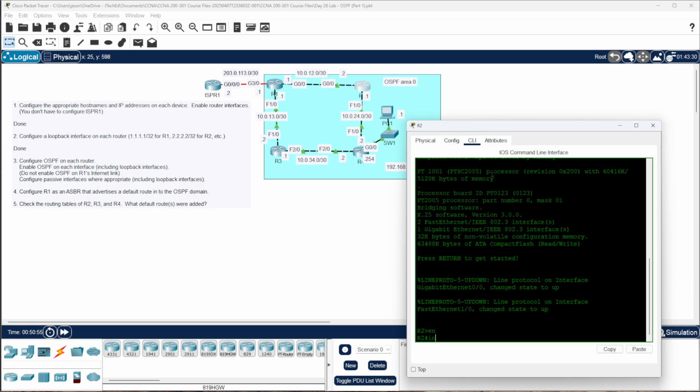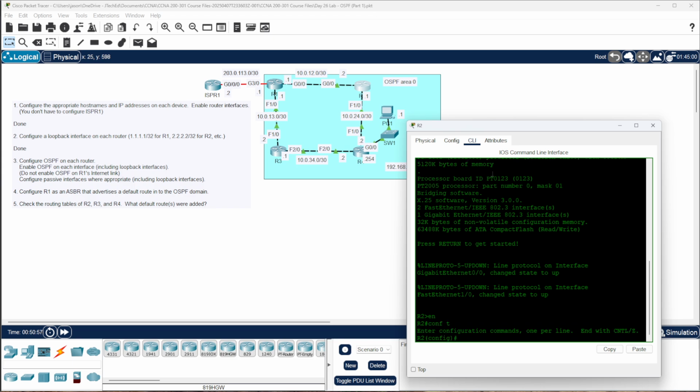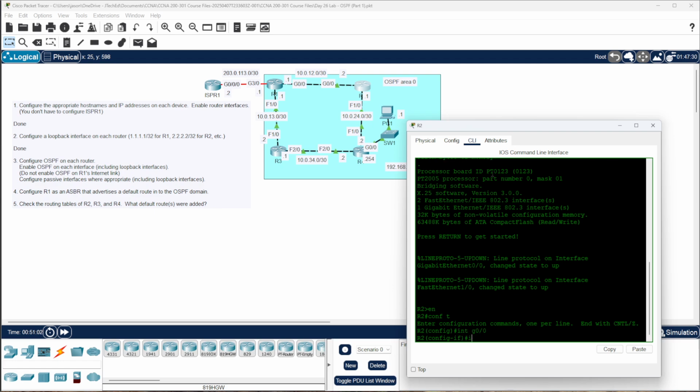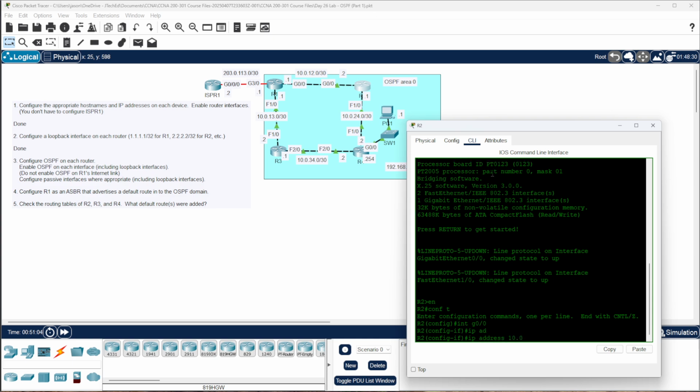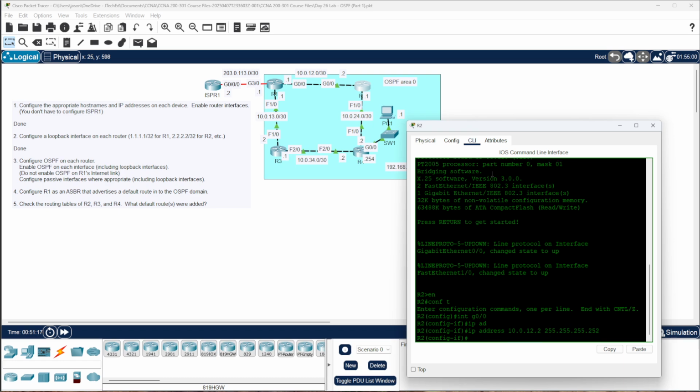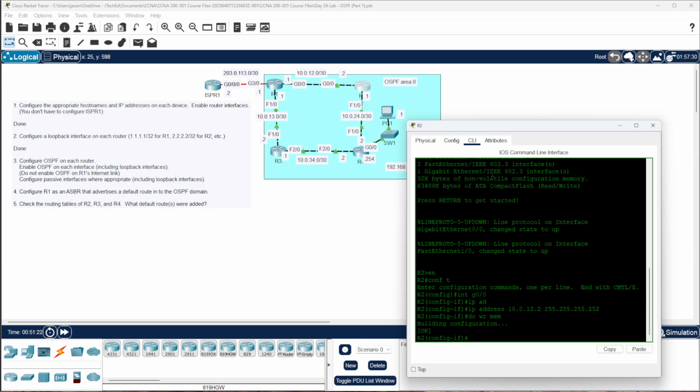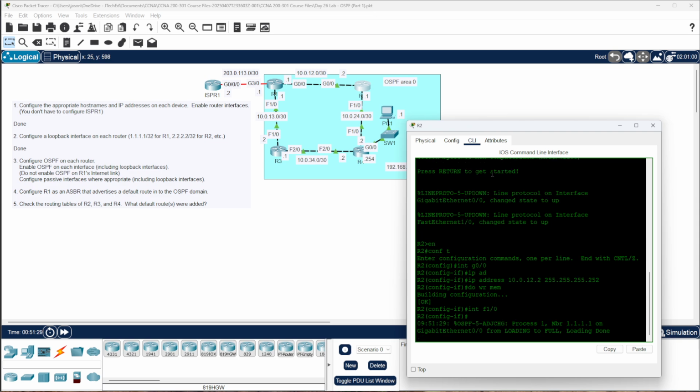So we're gonna go conf t here. And we're going to interface G0/0, IP address 10.0.12.1. No, we want .2. There we go. Okay. Interface, what do we want? Interface F1/0. Okay.